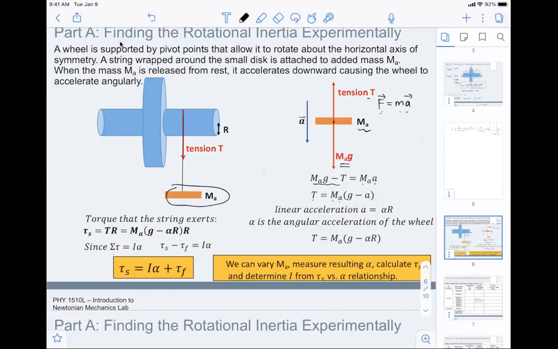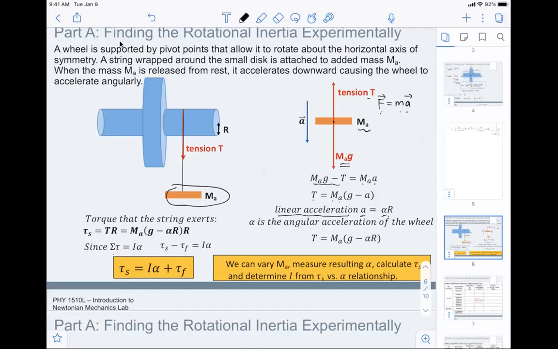If the string goes down a total distance of a few inches, that means it has been unraveled from the wheel for that many inches, and that corresponds to how many revolutions the wheel has been rotating. So there is a relationship between the linear acceleration of the mass and the angular acceleration of the wheel. They're simply related by the radius r.